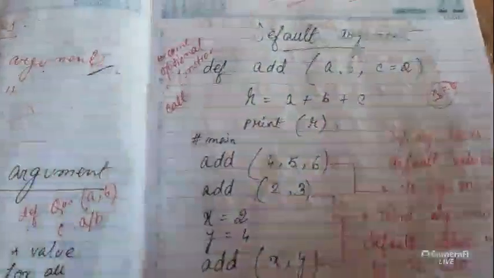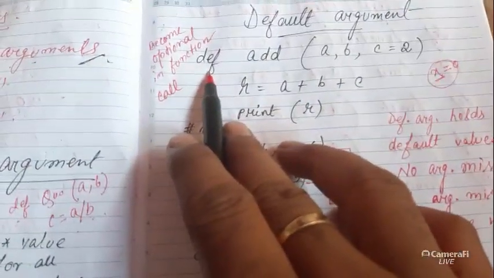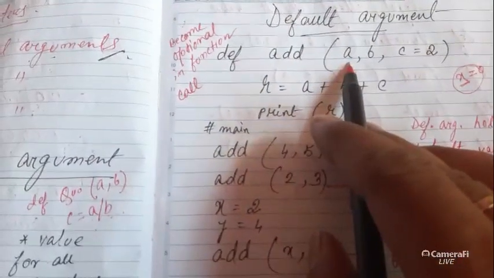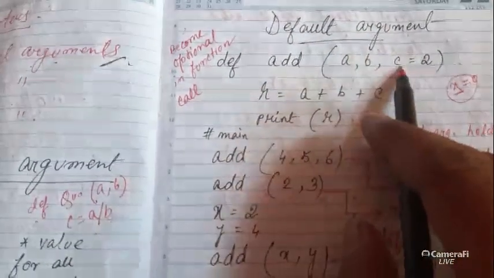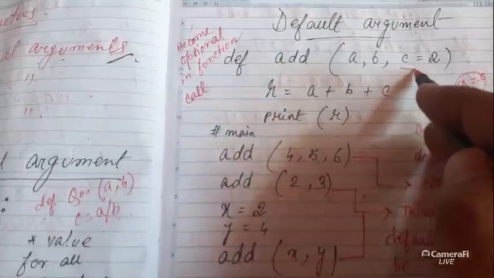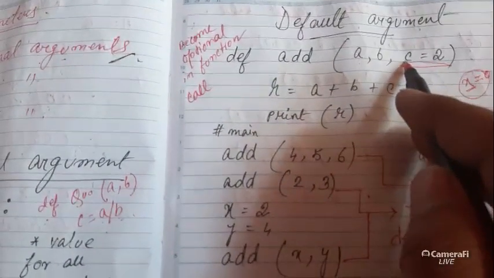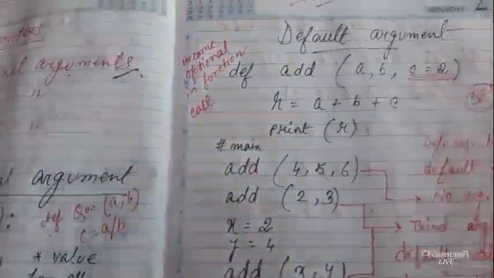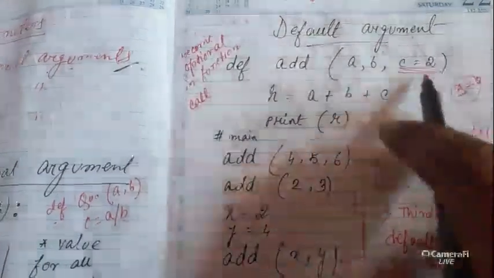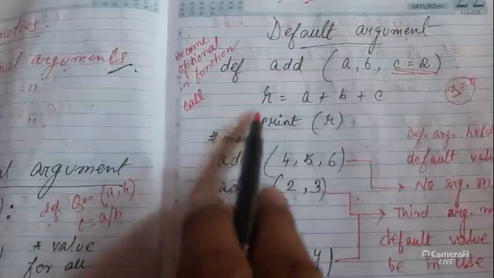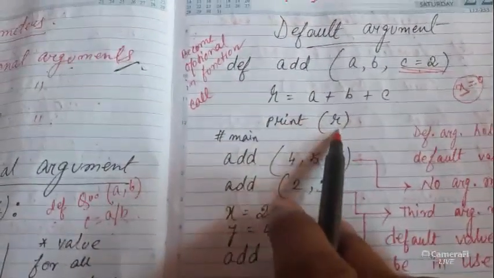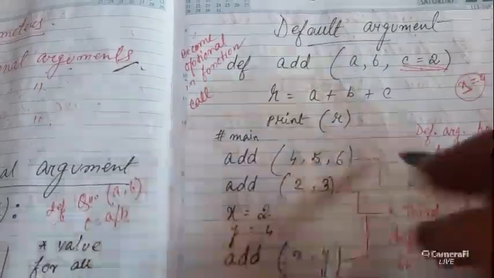Let's see how it works. Here I have taken the same example again, def add with three variables a comma b comma c, but here I have written a special thing, c equals 2. This c equals 2 means that it is a default argument. Now r equals a plus b plus c, print r, that means it will simply print the sum.